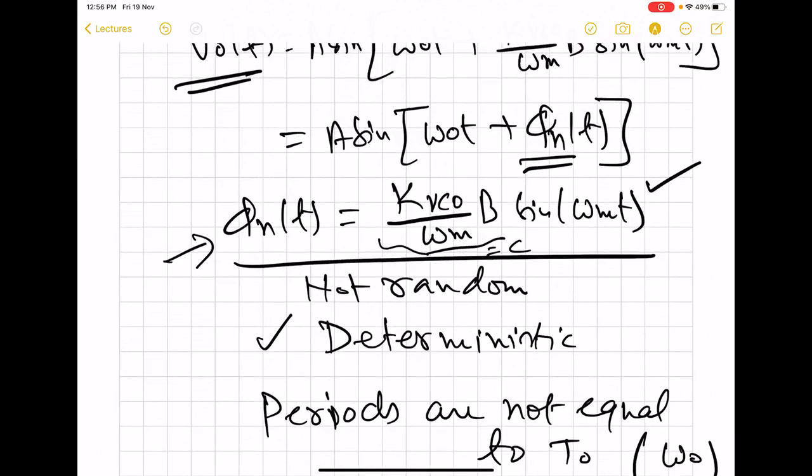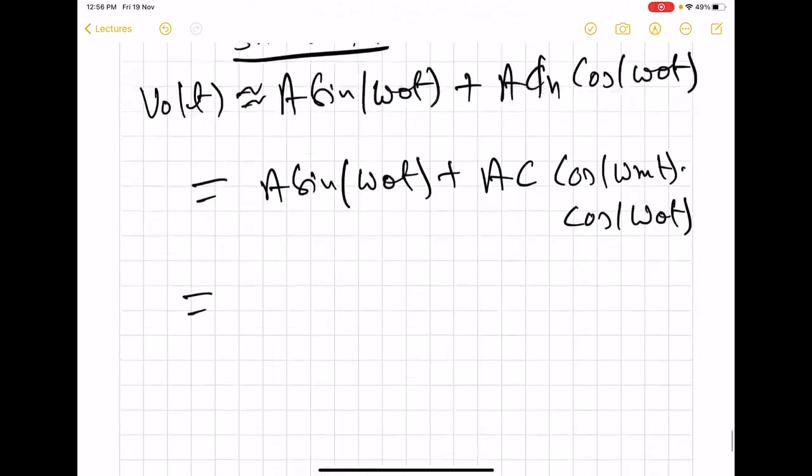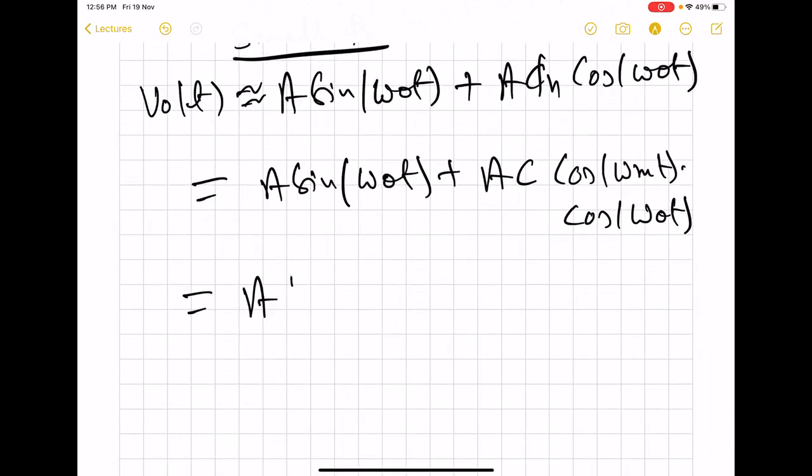So this is C. Here we see that ultimately we get three terms.